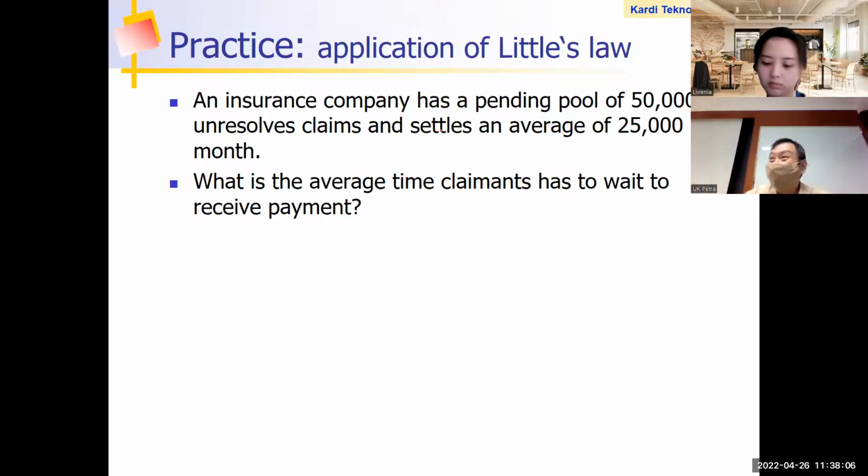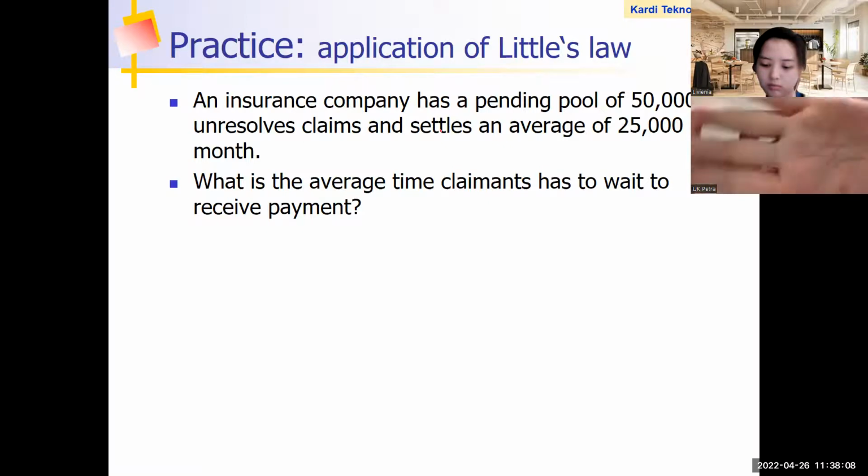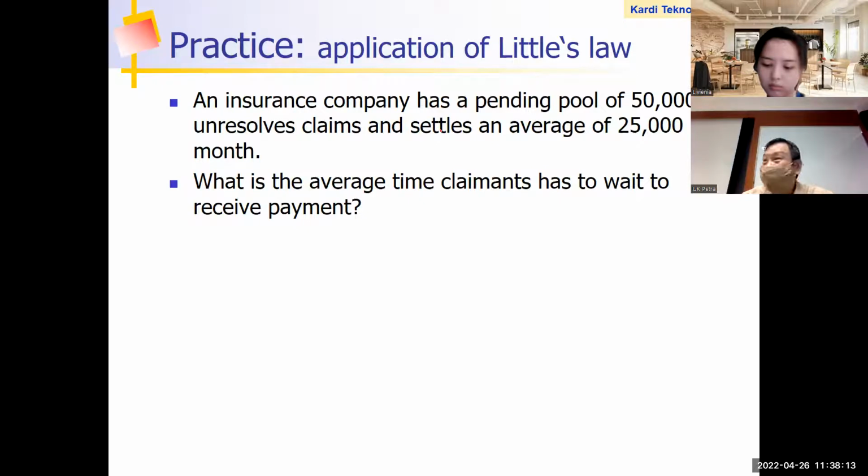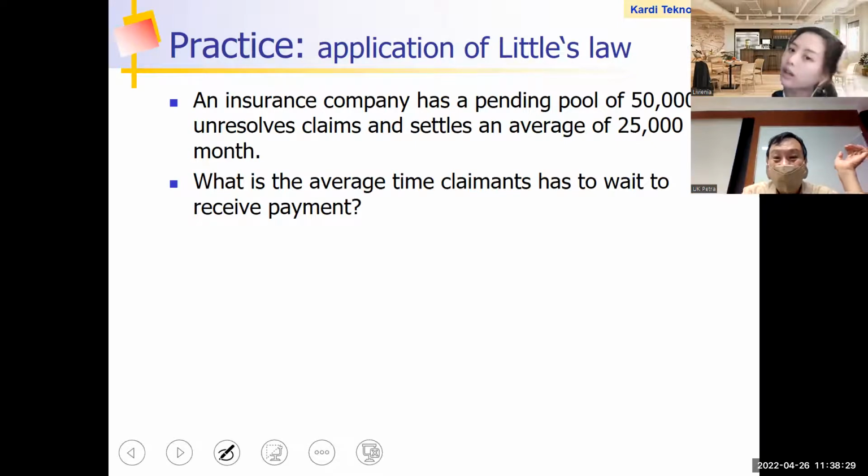If you don't know the answer, you can solve this using Little's law. 50,000 is the queue length, L. Average 25,000 per month is the input, so that is lambda.